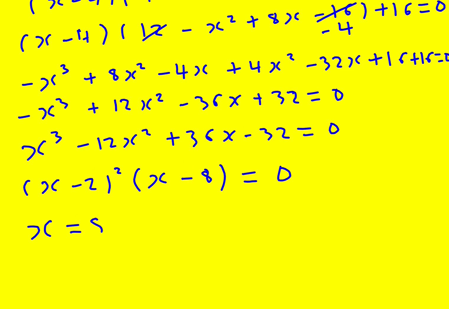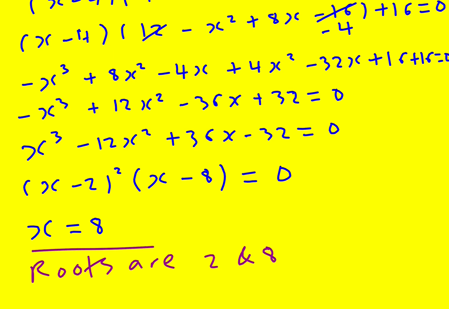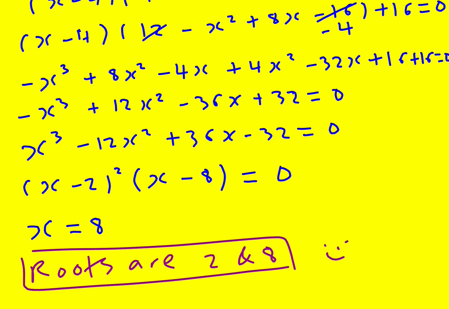And therefore x is equal to 8. So overall, the roots are 2 and 8. I already had the 2 on, but we should probably write it down like that.